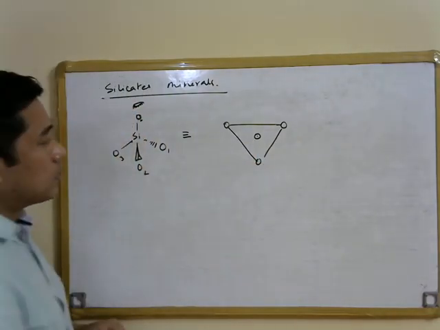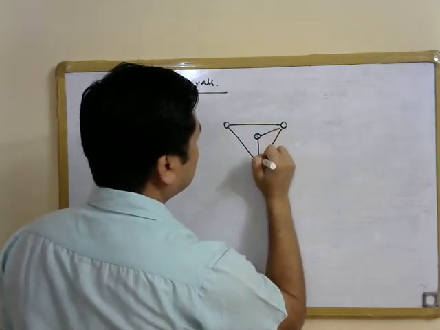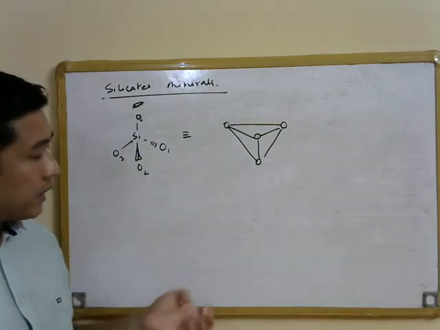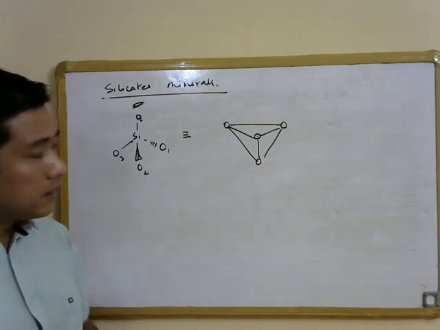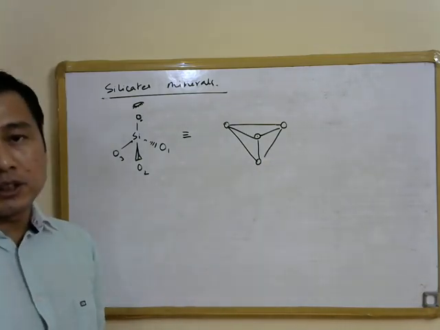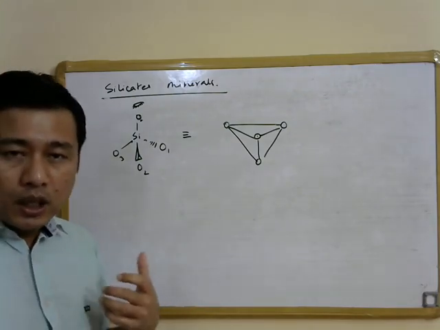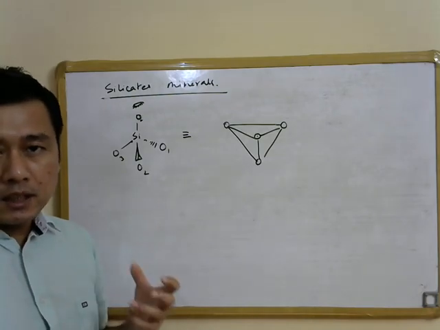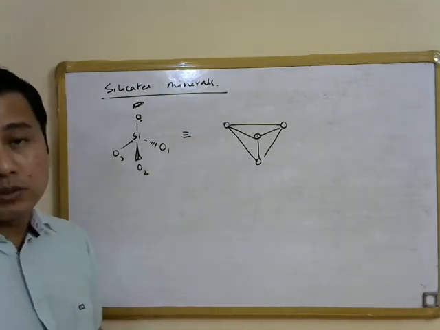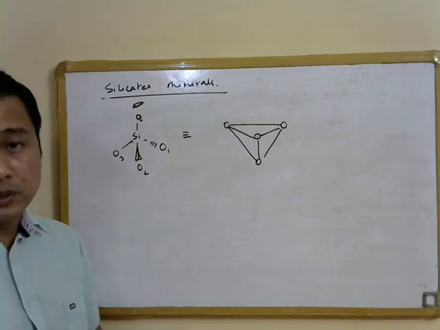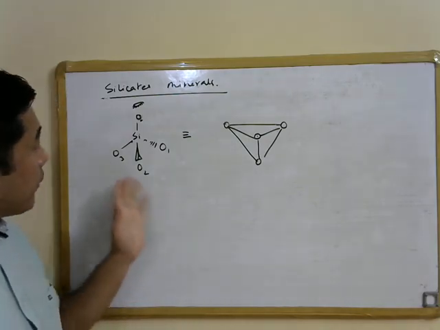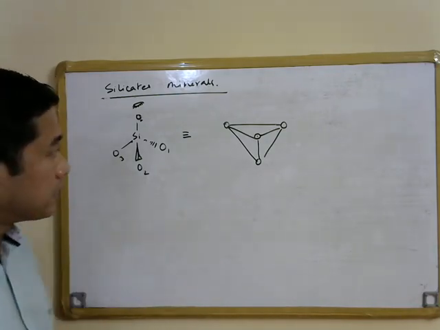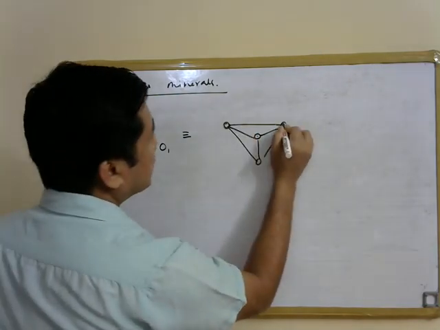So then we can draw this silicate ion, or this SiO4 4 negative unit, in this way. This will assist us in trying to draw the structure of different types of silicate minerals which are formed by sharing of oxygen atoms of this SiO4 unit. So that is why we will draw the SiO4 4 negative unit in this particular fashion. So these are the oxygen atoms.